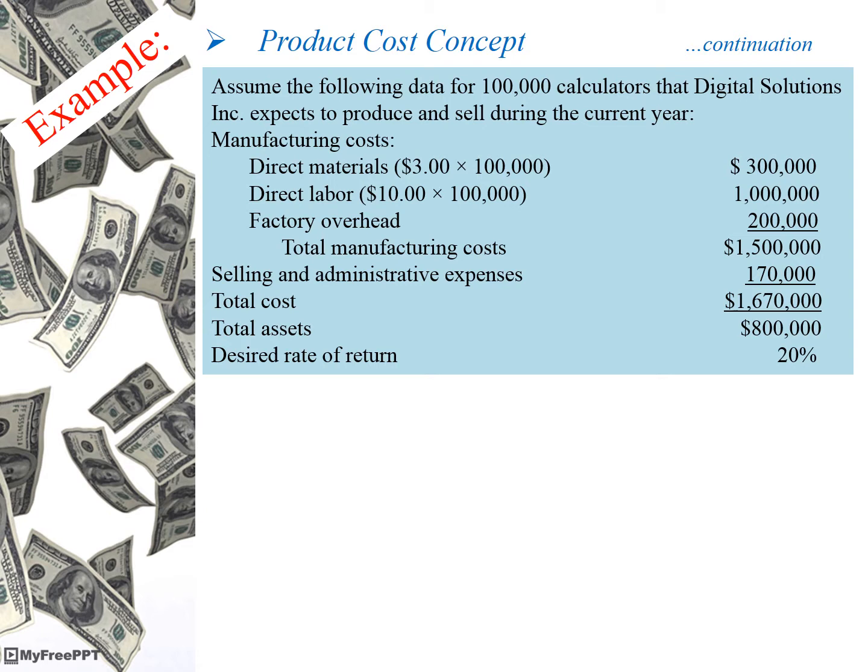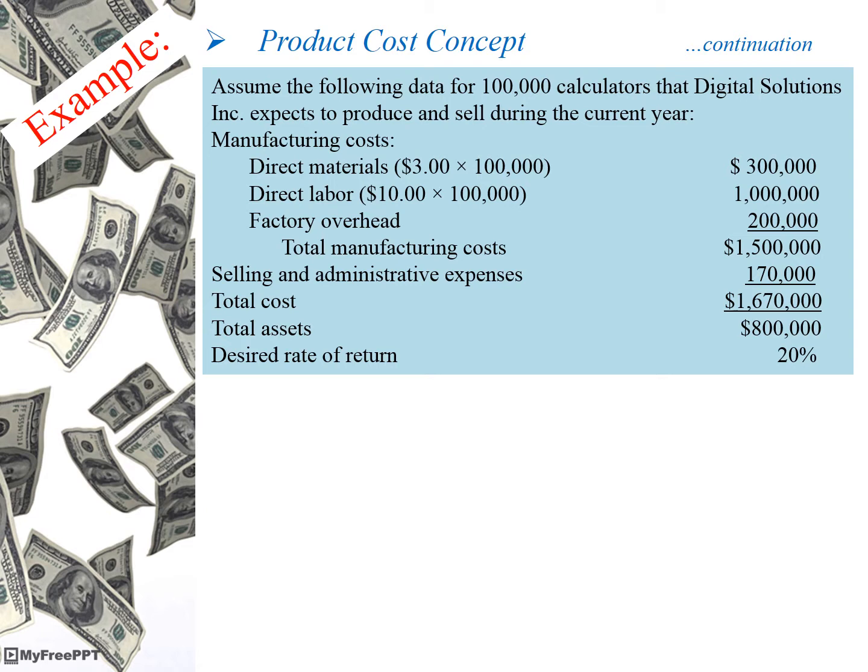For direct labor, $10 times 100,000 calculators equals $1 million. And for the factory overhead, $200,000, with a total manufacturing cost of $1,500,000.